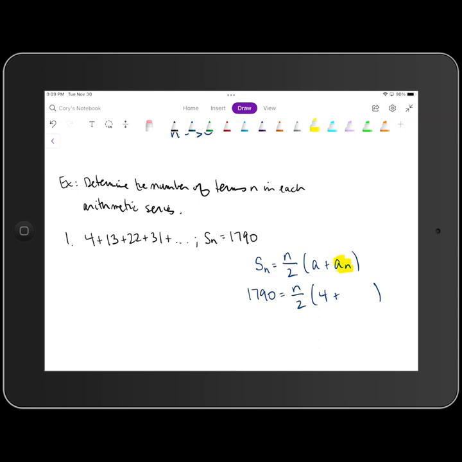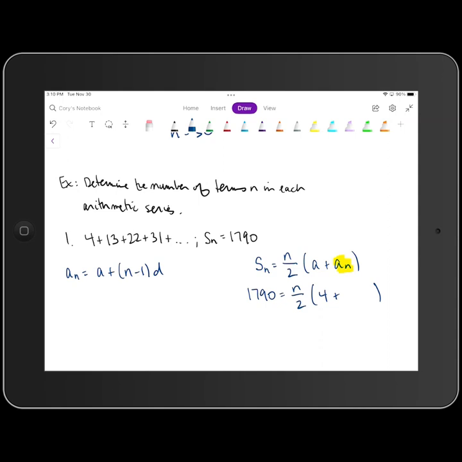Okay, so that's the missing piece of information that we need to determine in order to solve this equation for n. So we want to figure out what the last term in this sum is going to be. Well, if we take the formula that we were introduced to at the start of this lesson, where a sub n is equal to a plus n minus 1 times the common difference d, what we can do is figure out what a sub n is equal to in terms of the variable n.